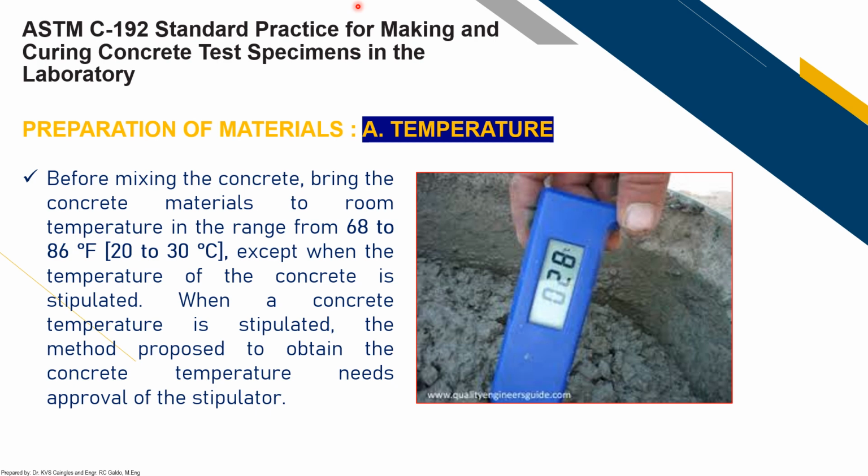So you need to check that your aggregates are not hot, and also not too wet. All the materials that you incorporate in your concrete mixture should be maintained at the temperature stipulated in the ASTM provision.